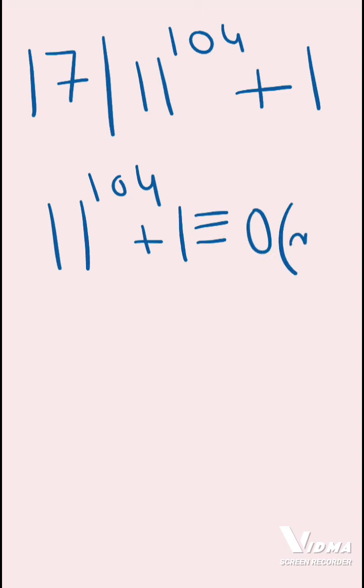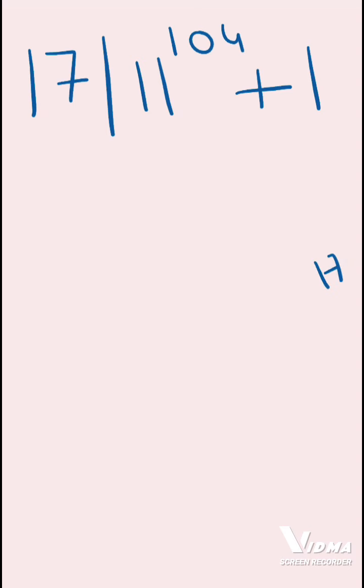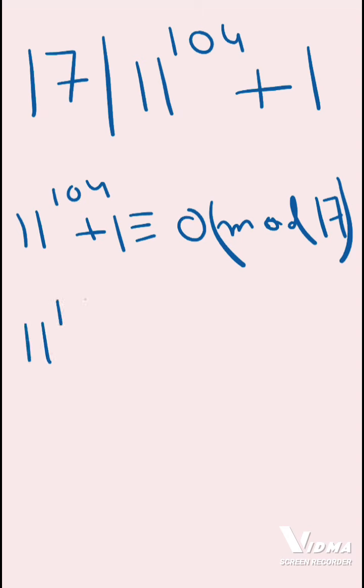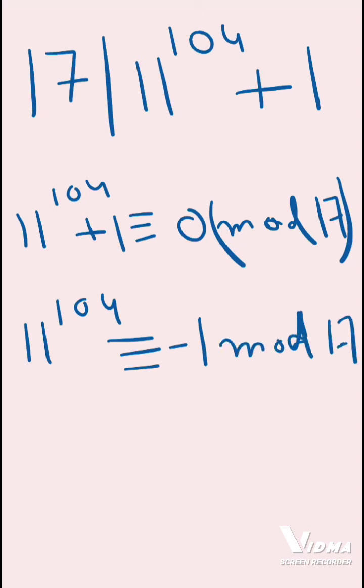Which in other terms means 11 raised to the power 104 plus 1 is congruent to 0 mod 17, right? Or in more simplified terms, it means we are to prove 11 raised to power 104 is congruent to minus 1 mod 17, right?